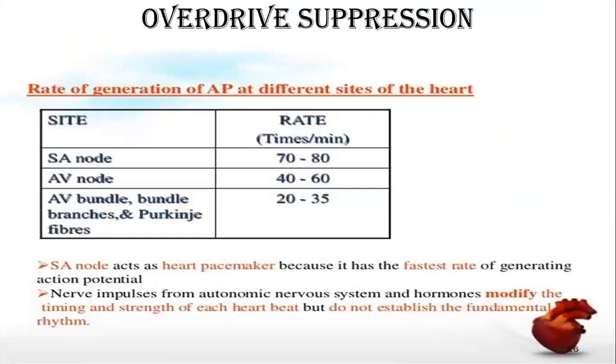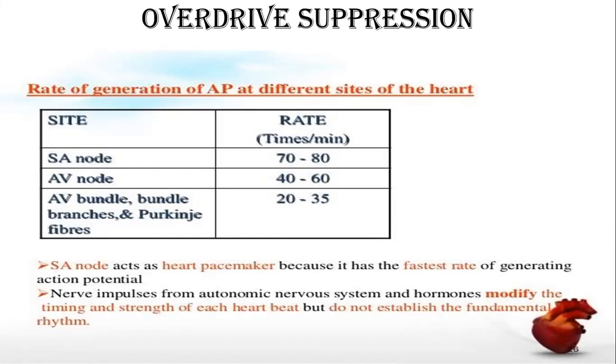Now let us see what is overdrive suppression. The heart beats at the rate of the SA node. There is an autorhythmicity property of other cells also, the AV node, AV bundle, bundle of His, then the Purkinje fibers. They also have autorhythmicity, but the rate at which they can beat on their own is much less as compared to the SA node.